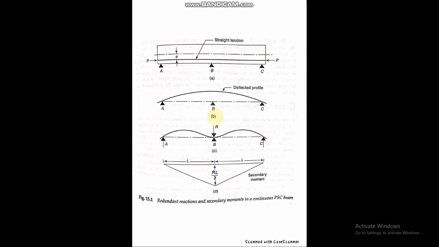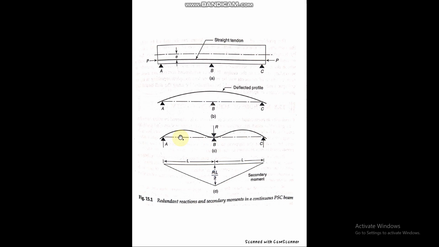But if there is a central support B present, and in actuality it is a continuous beam, the beam is not allowed to take shape like that. The central portion will be brought down by the support B, and a reaction R will be acting downwards to keep it down.